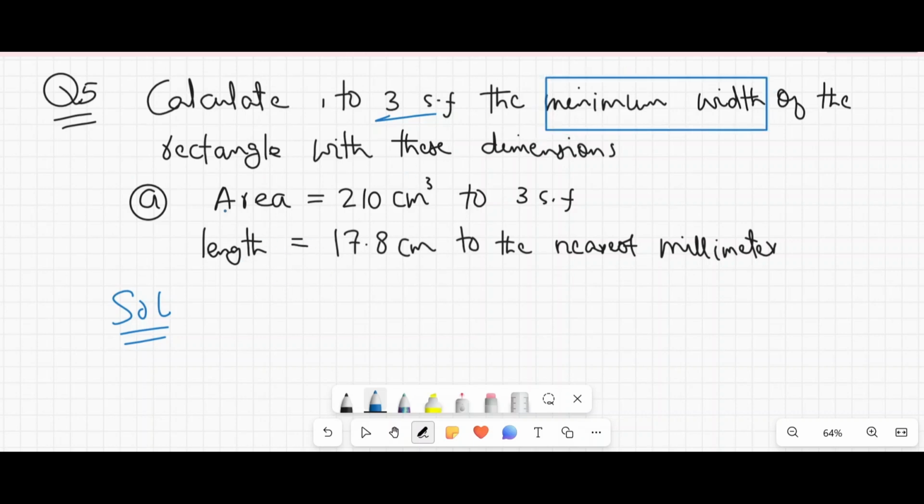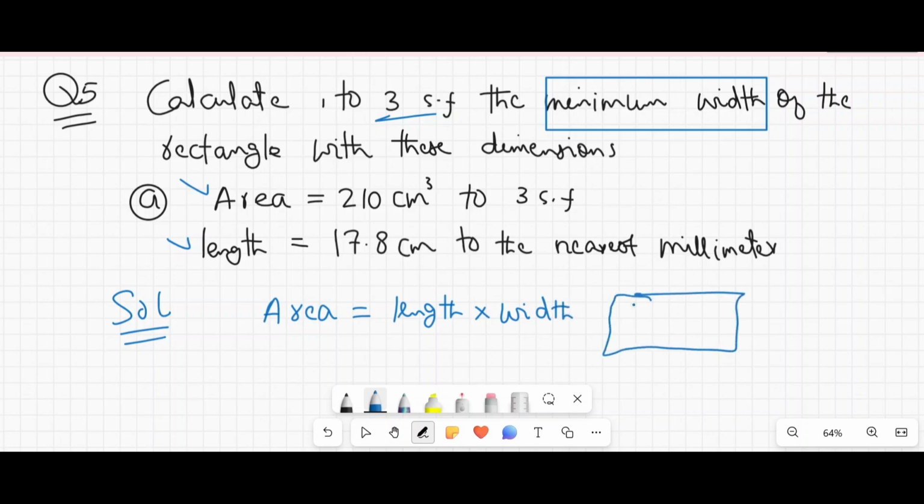Okay. Now the area is given and the length is given. So first of all, what is the formula for the area of the rectangle? Area of the rectangle is length into width. So this is length.